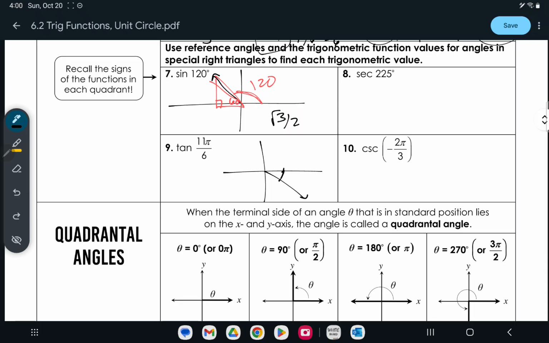My reference angle is going to be whatever 2π minus 11π over 6 is. So 2, let's make that 12/6, so π over 6. And what is that as a degree? Times 180 over π. So 30.